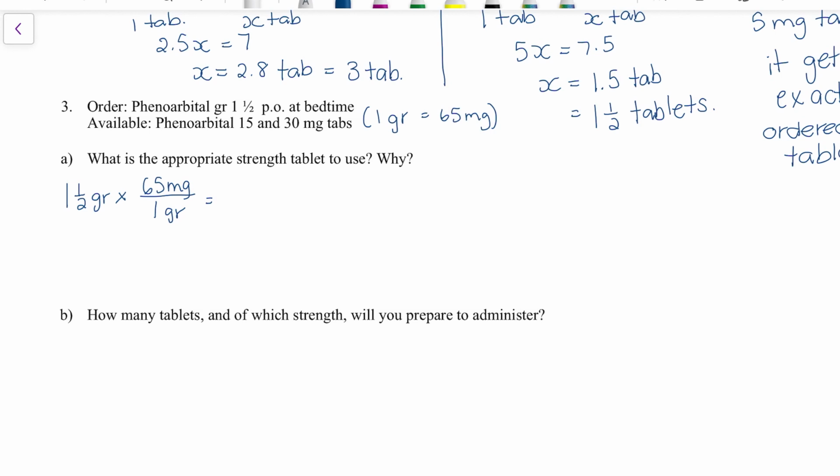So 97.5 milligrams. So let's look at the first tablet we have, which is 15 milligrams. 97.5.